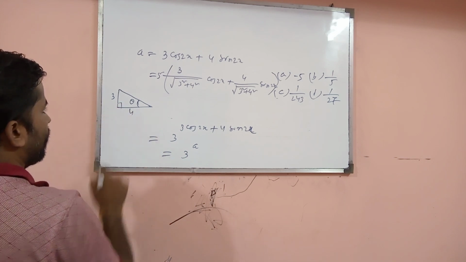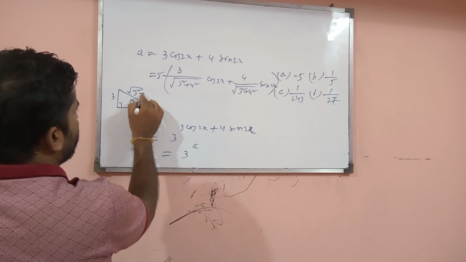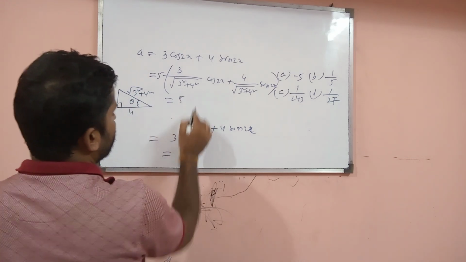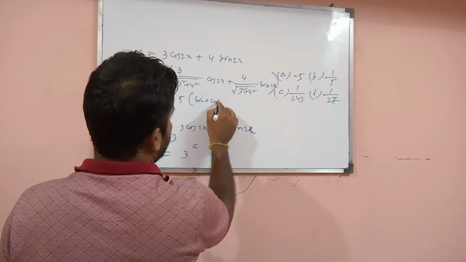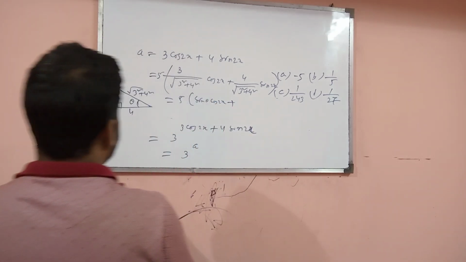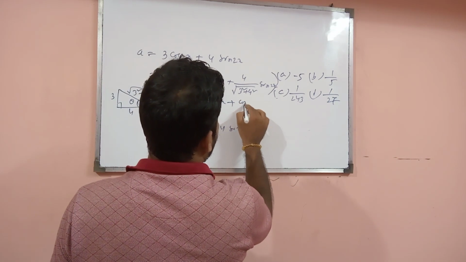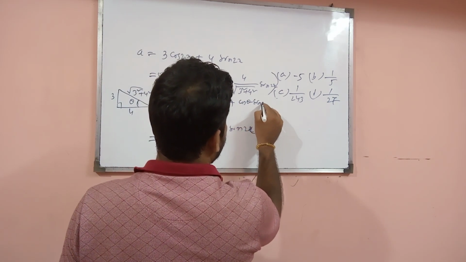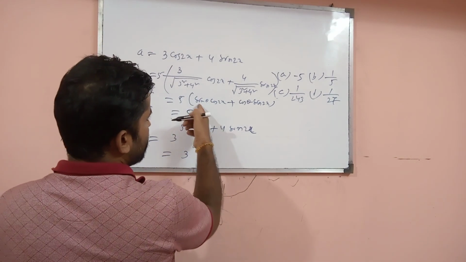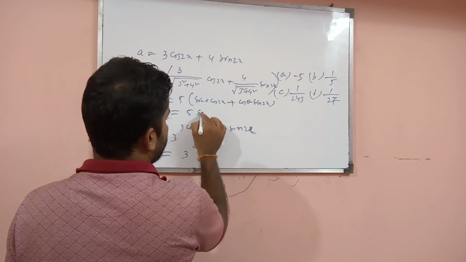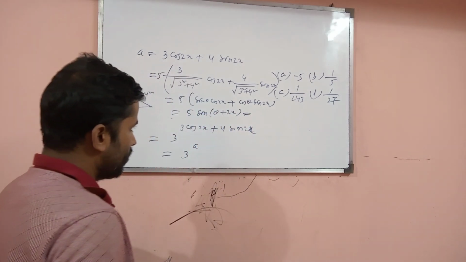Okay, then it is perpendicular by hypotenuse, so it would be sine theta cos twice x plus base by hypotenuse, so it is cos theta sine twice x. So finally 5 times (sin a cos b plus cos a sin b) is equal to 5 sine of (a plus b).